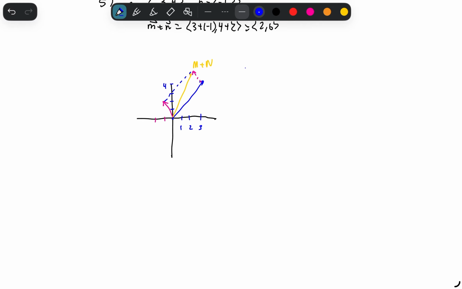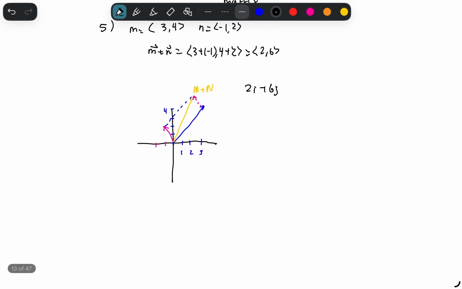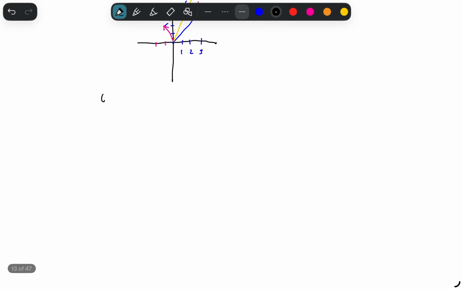We could also write this as 6i plus 2j. Or no, we couldn't. We could write this as 2i plus 6j. We could also write this 2, 6. Actually, we'll just leave it at that.